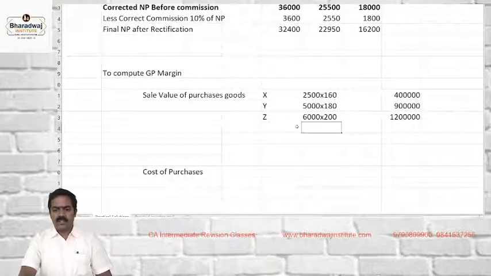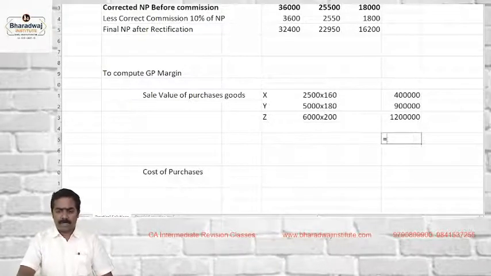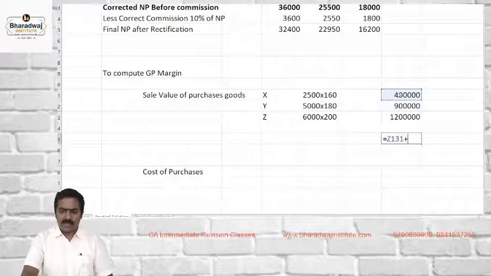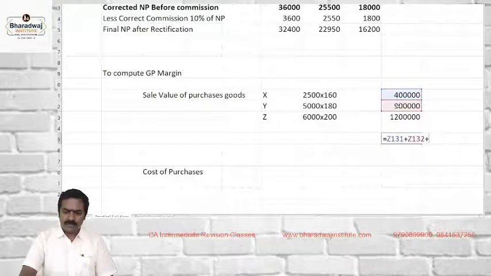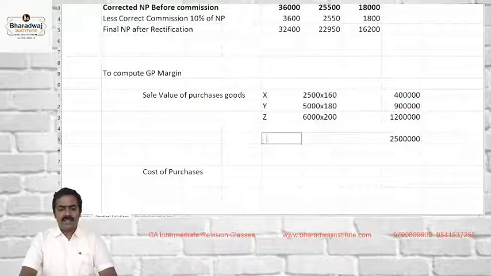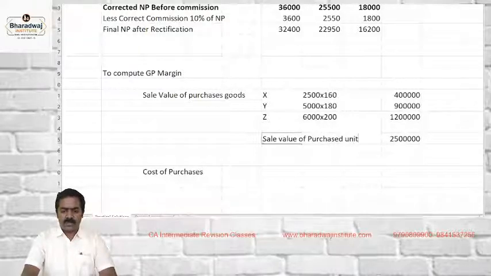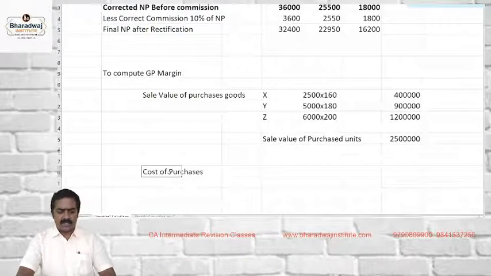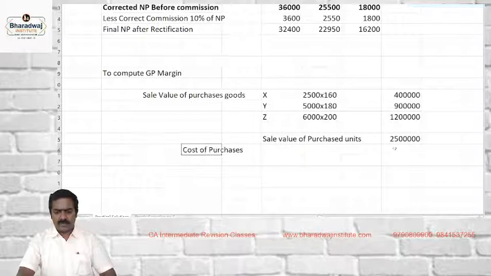12 lakhs. So what is the total? 25 lakhs is the sale value of purchased goods. What is the cost of purchases given to us? 15 lakhs.